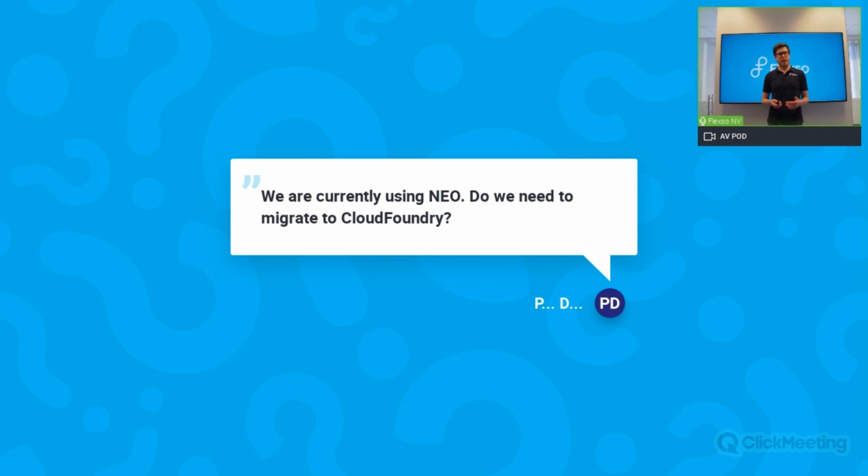Also, when you create new applications, it's possible to start on Cloud Foundry in parallel to your current setup in Neo, and just start step by step doing new implementations on Cloud Foundry, leveraging the newest and the latest, and then afterwards start step by step migrating maybe your most commonly used applications. Because at one point it will have to happen, but currently there is no need to.